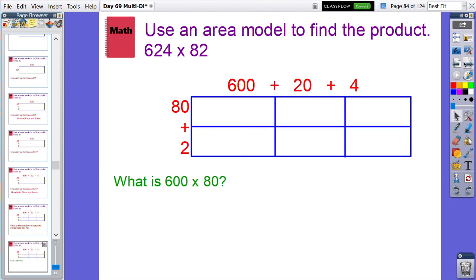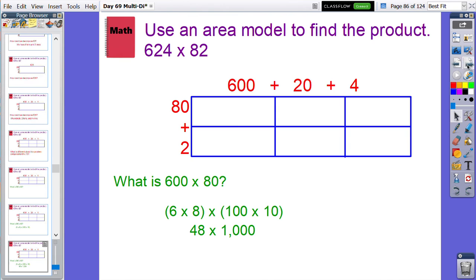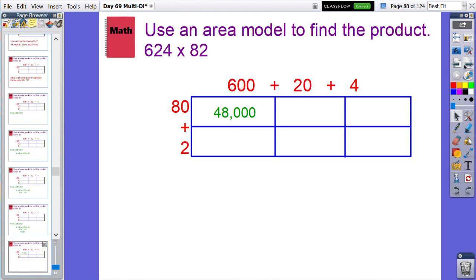When I multiply 600 times 80, you can do the 6 times 8, add the zeros, 48,000.